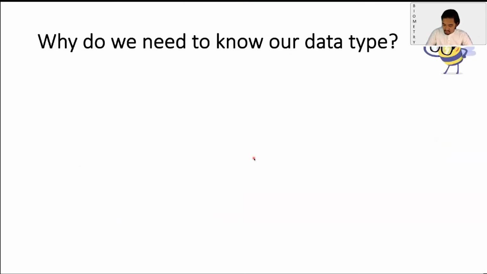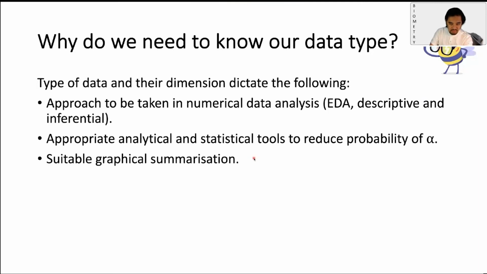It is important. Why do we need to know our type of data? Why do we need to know the dimension of our data? Can we just do the analysis straight away? Right? There is a caveat. The reason you need to know the type and dimension of your data is that you want to make sure that when you do the analysis, you do it accurately and represent your data appropriately.